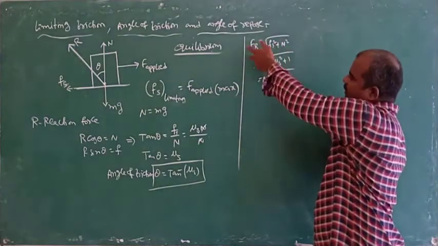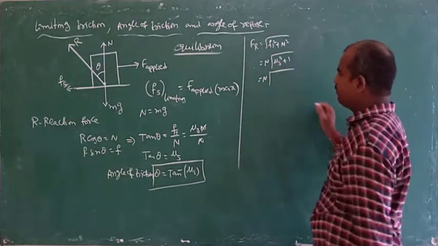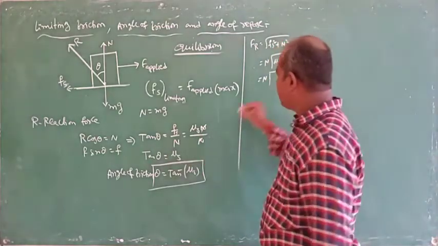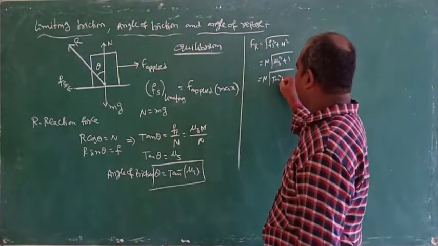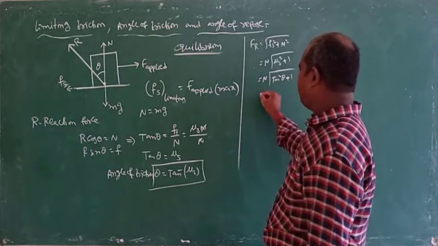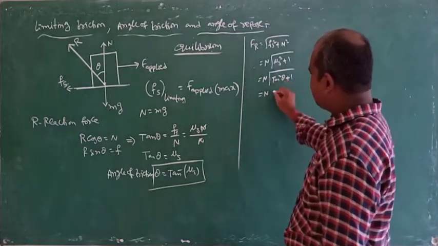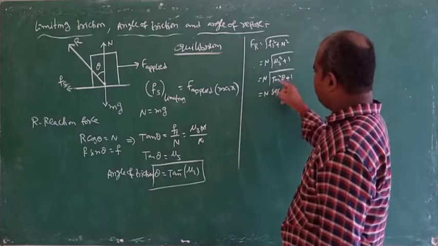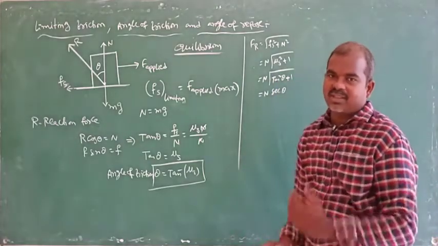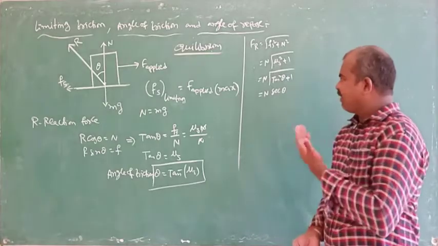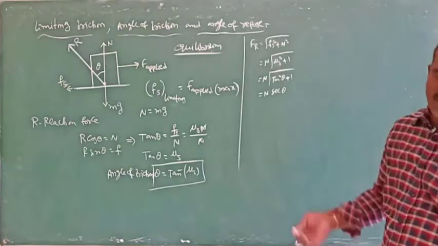Mu s, N square is taken as the common, N root over mu s square plus 1. Mu s is nothing but tan theta. So tan square theta plus 1, that is equal to N into root over tan square theta plus 1, and tan square theta plus 1 is equal to secant square theta. Secant square theta, the square and root get cancelled, secant theta.